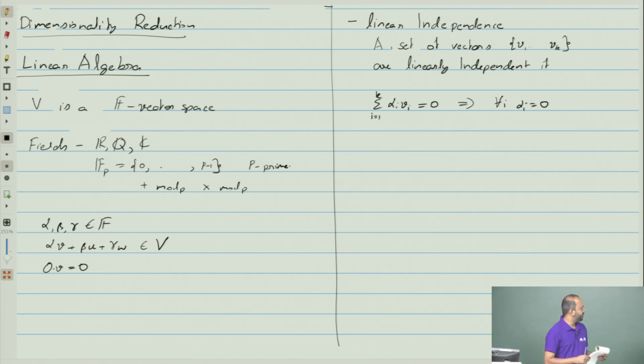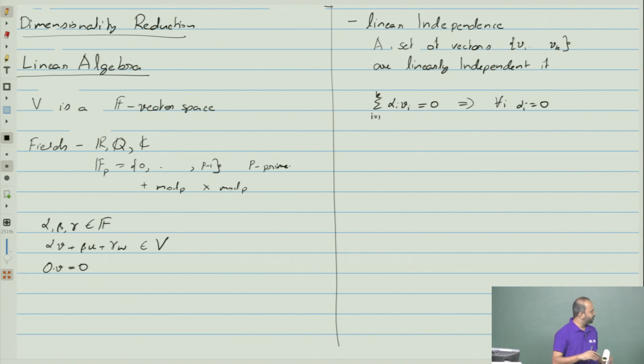And when do you say vectors are linearly dependent? When there exist some non-trivial alpha i's. Some of the alpha i's might be 0, but at least one or two of them should be non-zero.